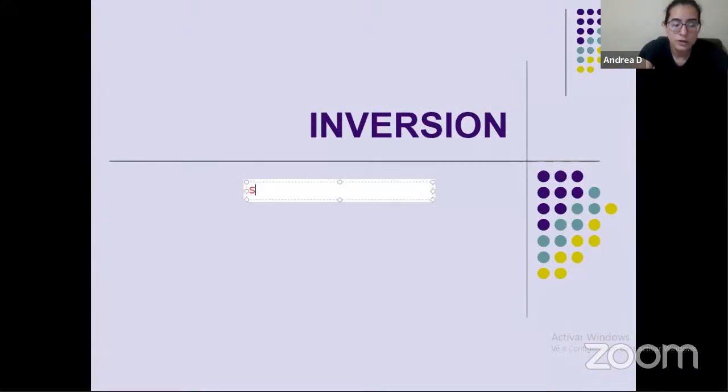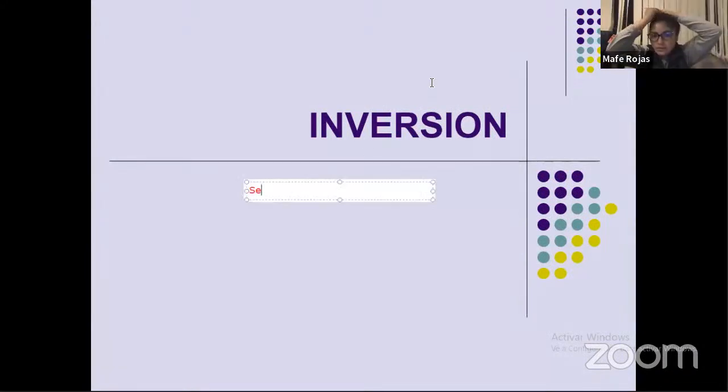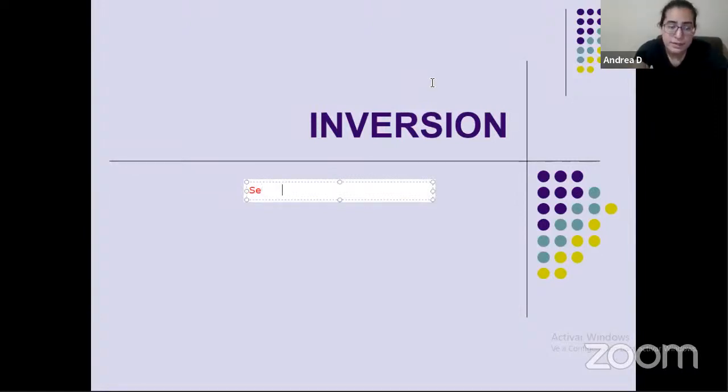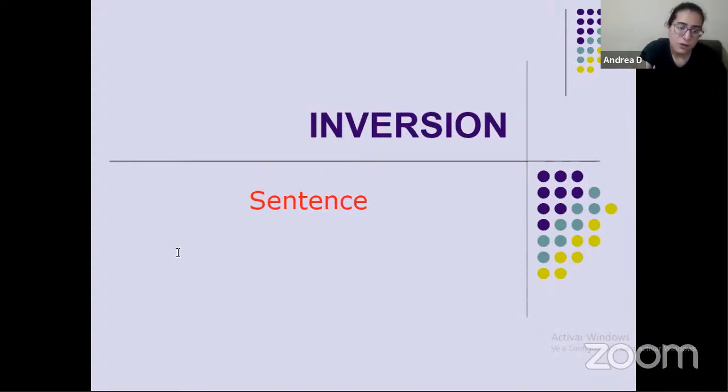Sentence order. Oh, okay. So when you're not really writing a sentence in the usual way. For example, if it's an affirmative sentence, you would usually need subject, verb, and complement, right? But if you invert the order and use the order of a question instead of the order of a sentence, then you're inverting it.